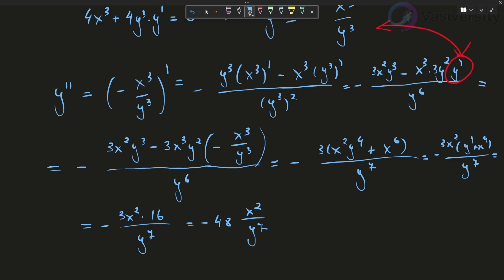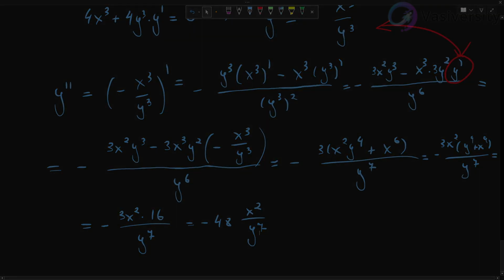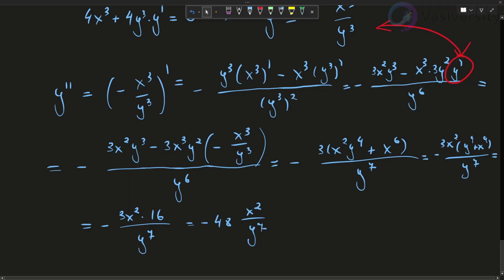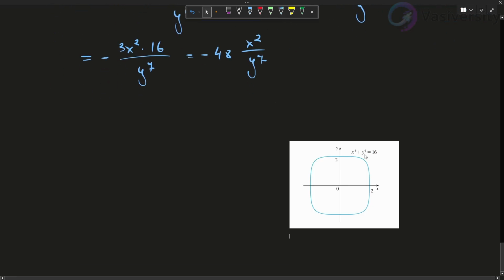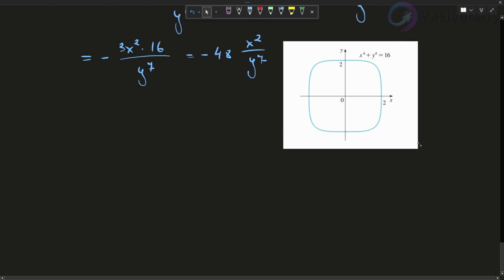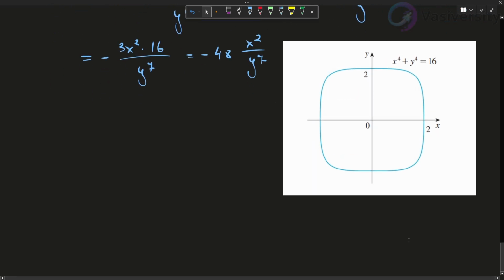And that's going to be essentially the slope of the slope, the slope of the function x to the fourth plus y to the fourth. So for example, if it was a path, let's say we were using this function as a path, as a distance path.